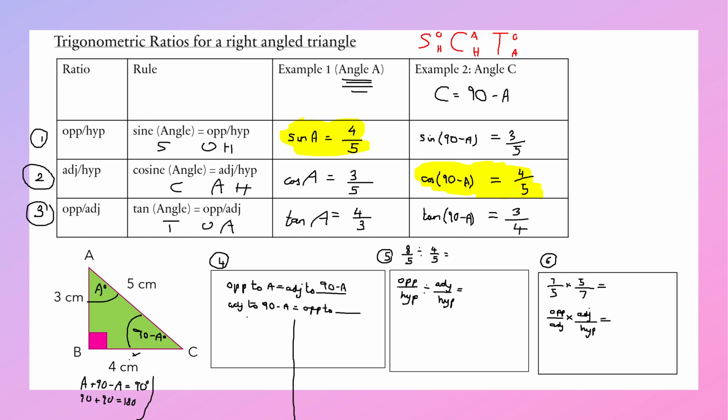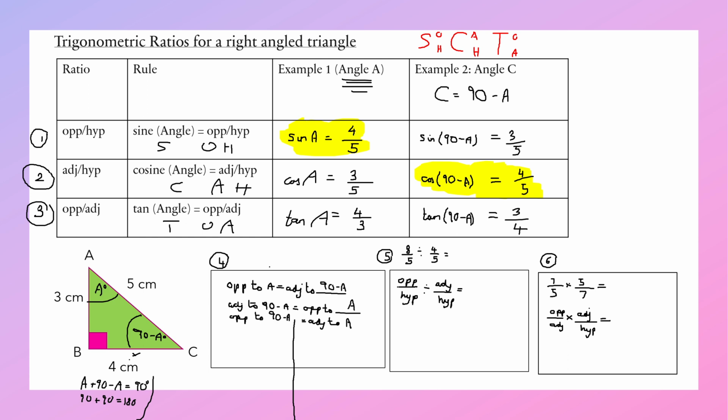And adjacent to 90 minus A is opposite to A, or opposite to 90 minus A. What's that going to be equal to? Adjacent to A. So what I'm trying to show you here is that one man's opposite is another man's adjacent.